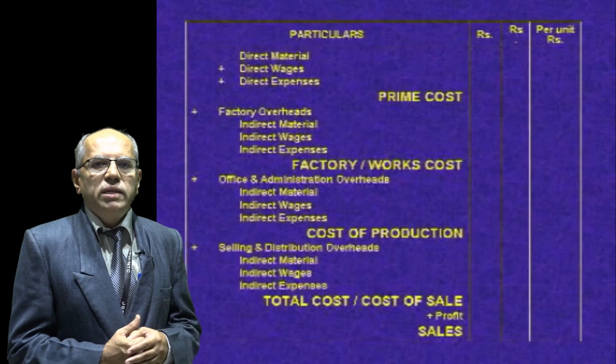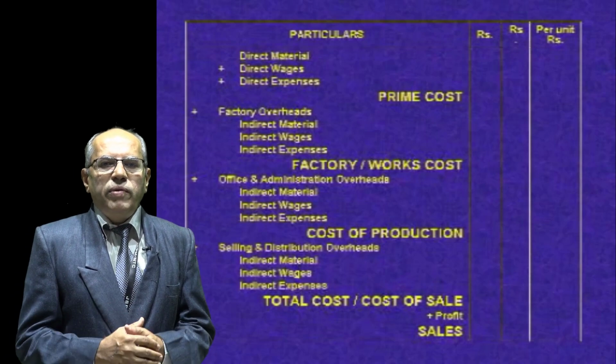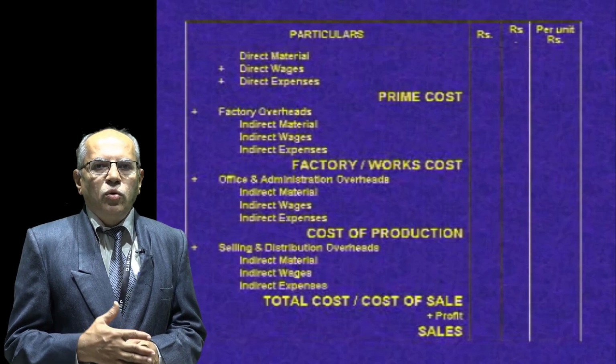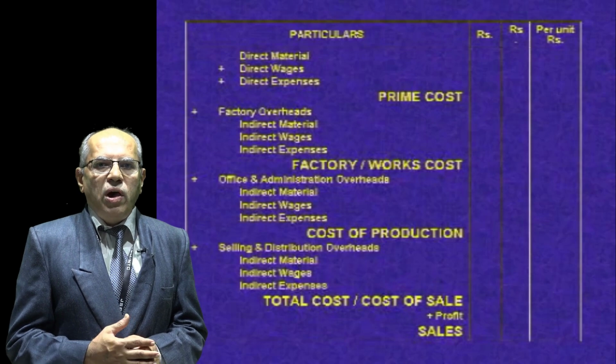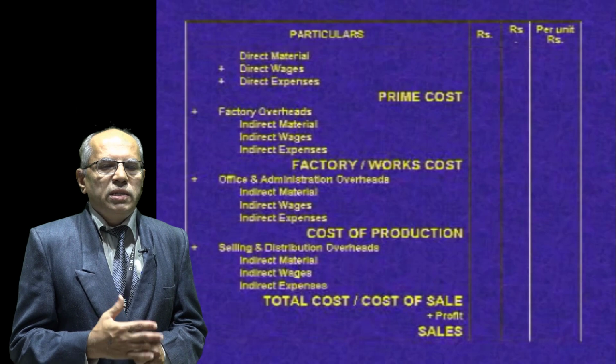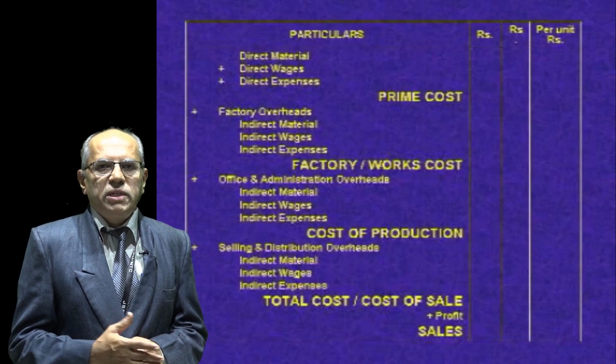And the last one is selling and distribution. If you manufacture furniture, naturally we have to do branding of that furniture. So if you are doing advertisement for that purpose, such expenses are known as selling expenses.